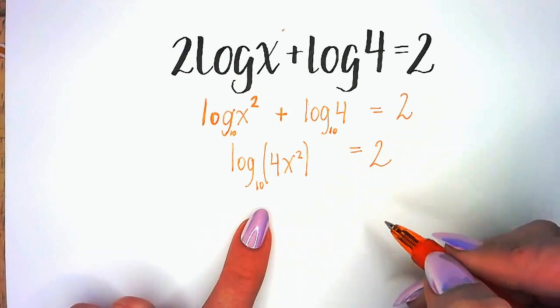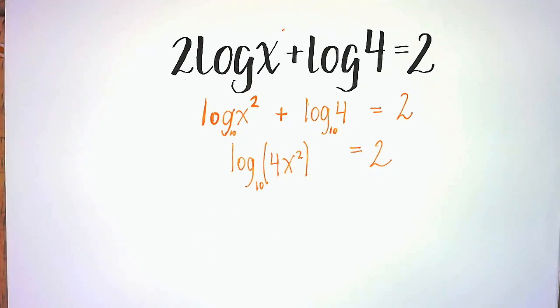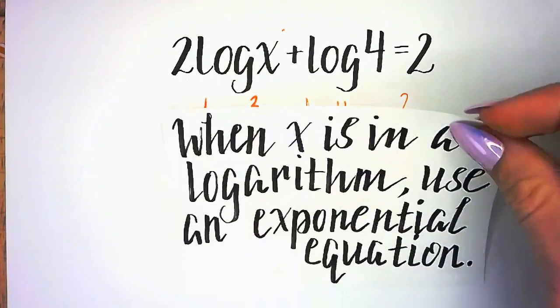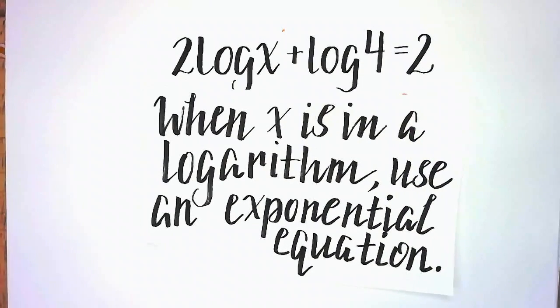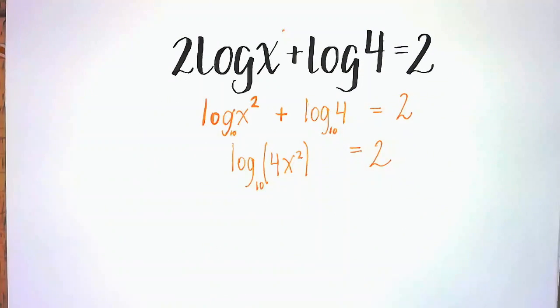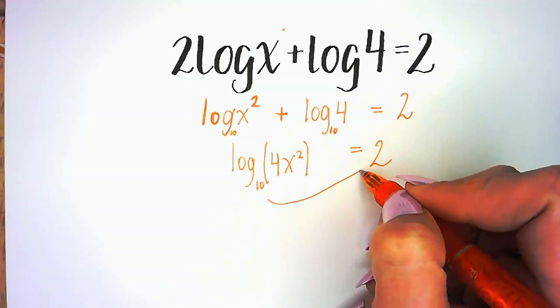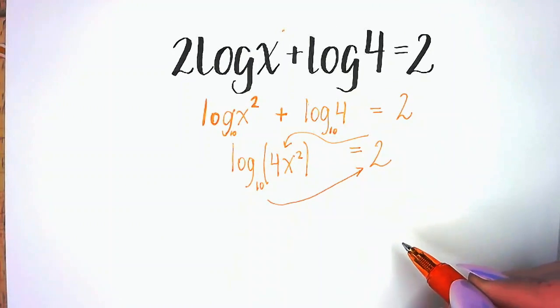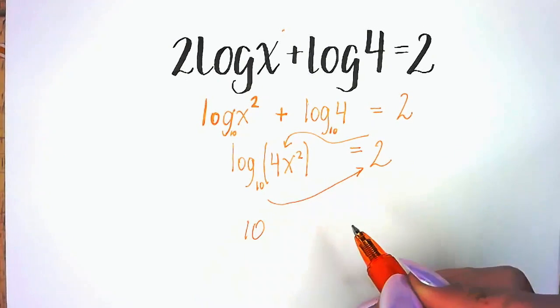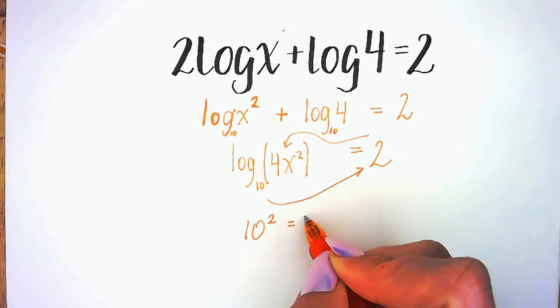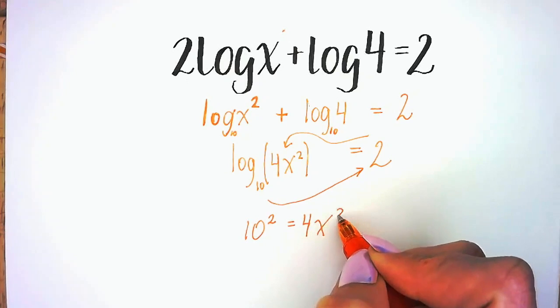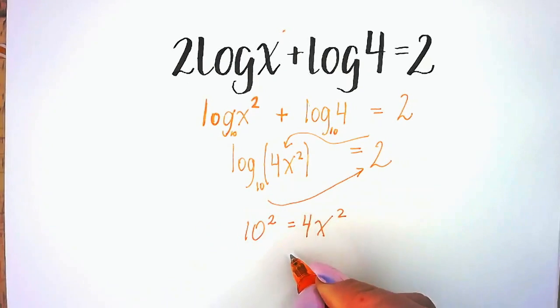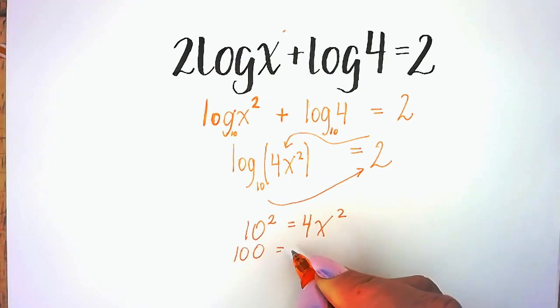Now that we have a single logarithm, we can go into exponential form because when x is in a logarithm, use an exponential equation. B to the y equals x. 10 to the second equals 4x squared. 10 to the second is 100.